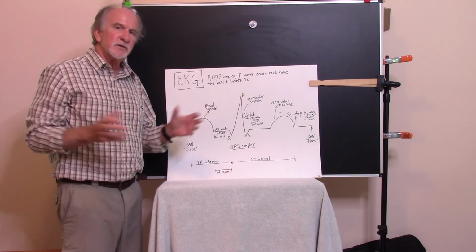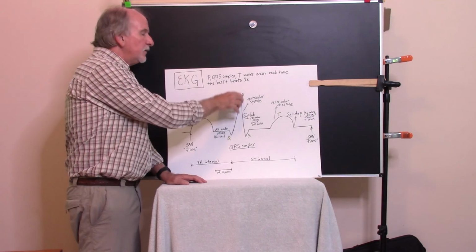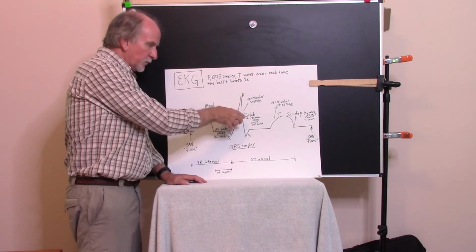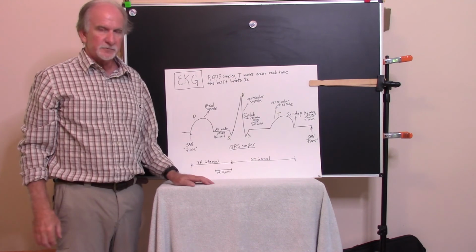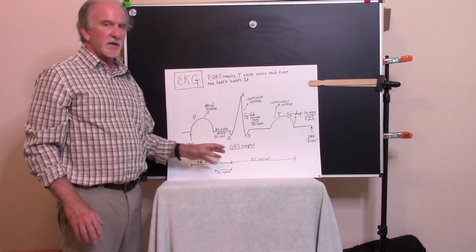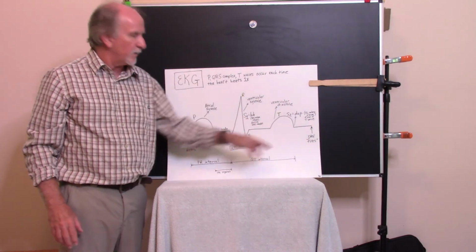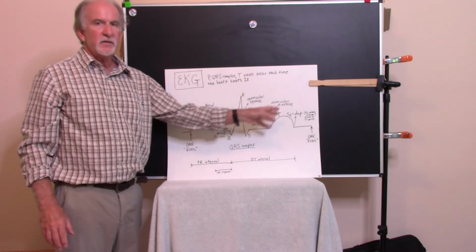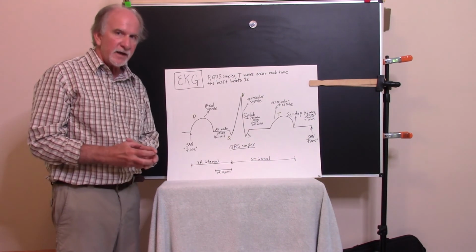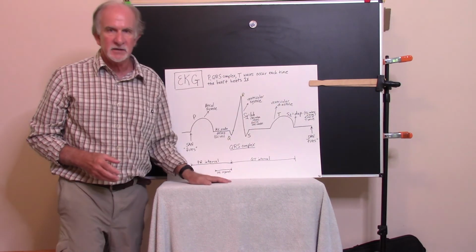When the ventricles contract, the AV valves close, and that shakes the heart to create the first heart sound, S1, or the lub sound. About 250 milliseconds beyond the beginning of the QRS complex, we get the T wave. And the T wave represents the relaxation of the ventricles, or ventricular diastole.